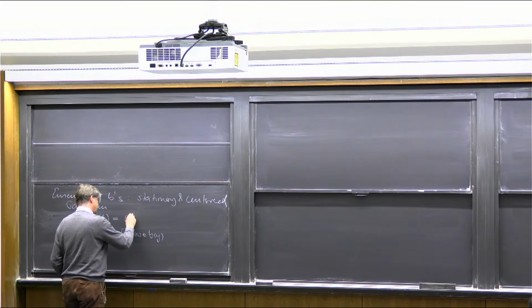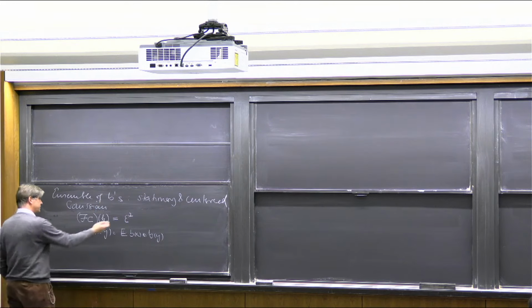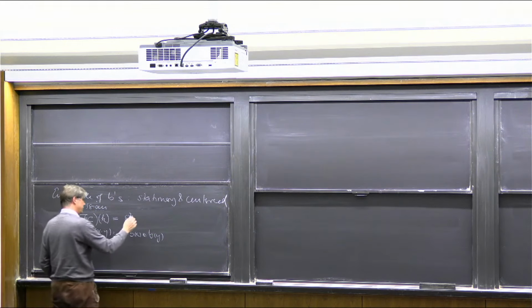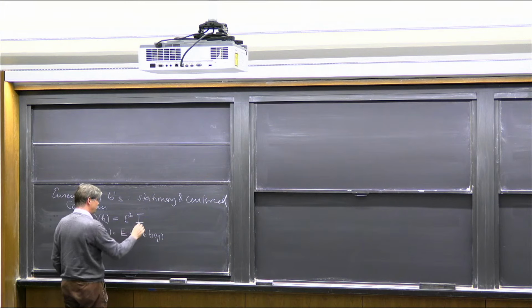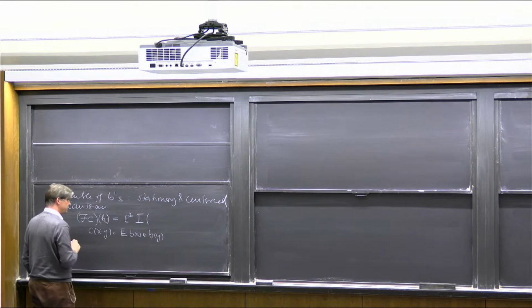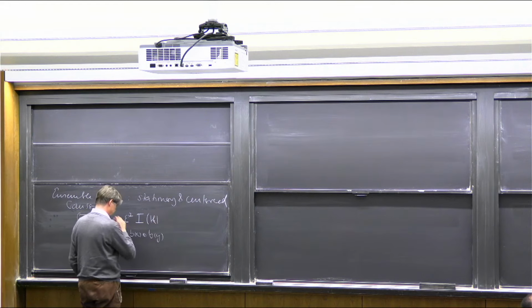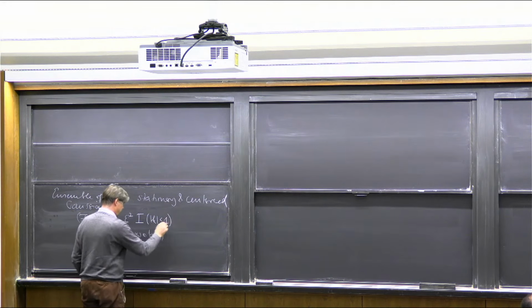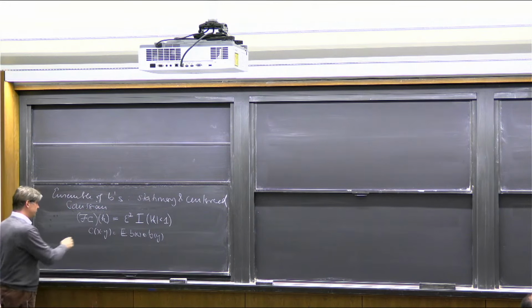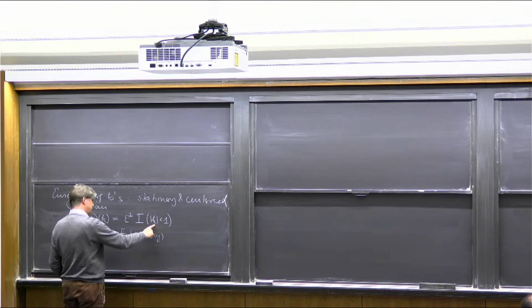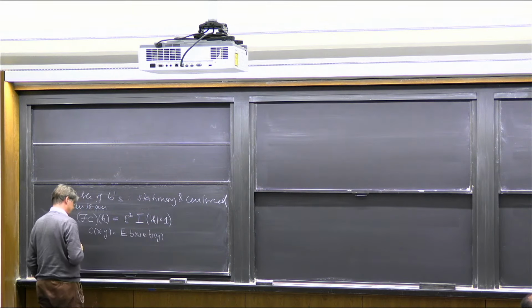So this is the Péclet number squared, the parameter epsilon squared. And then we had to introduce a small scale cutoff. That means we take away all the large wave numbers by putting here the characteristic function of the set where the wave number is less than 1.